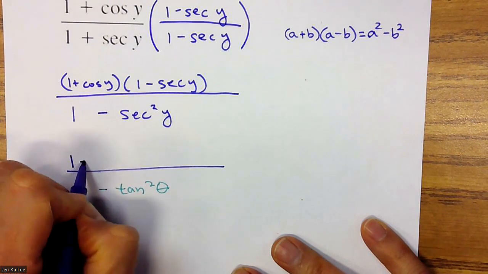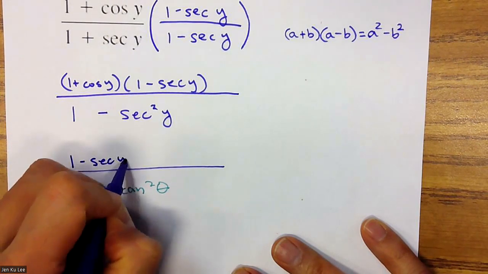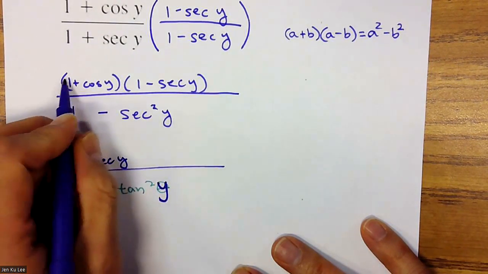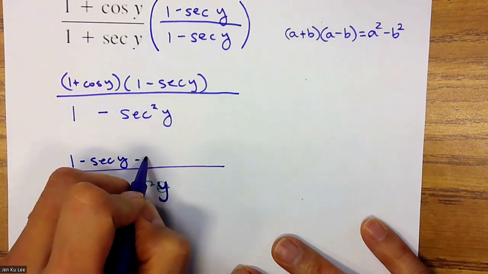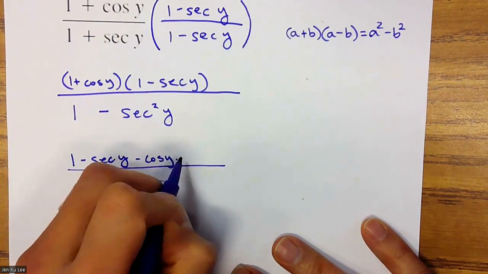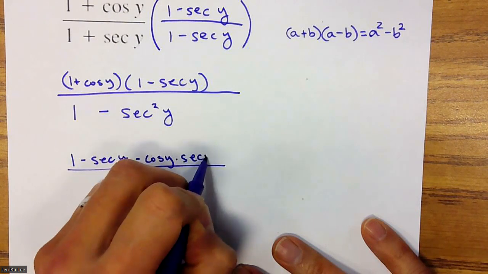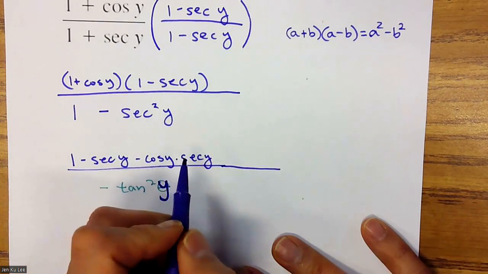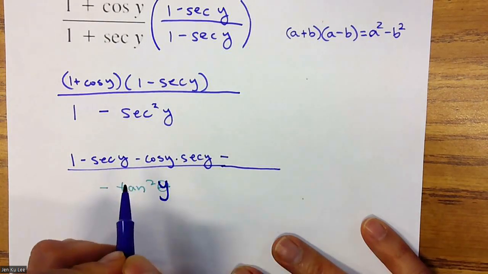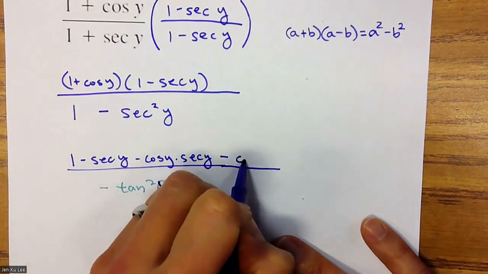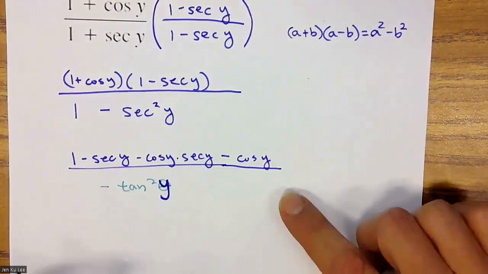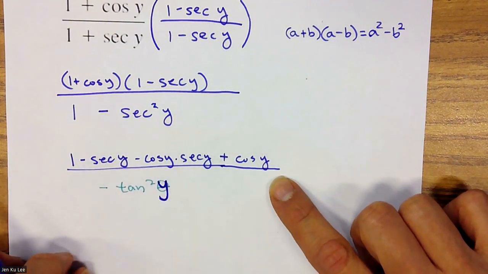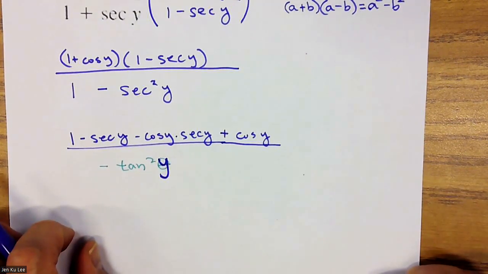So 1 minus secant y, and this should be a y, not a theta. 1 minus secant y minus cosine y times secant y, or minus cosine of y, right? I missed this one. Okay, or plus cosine of y.